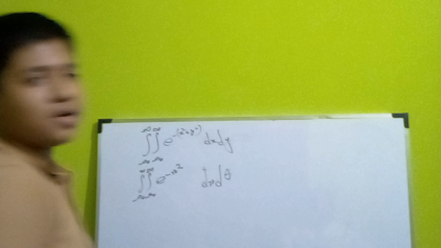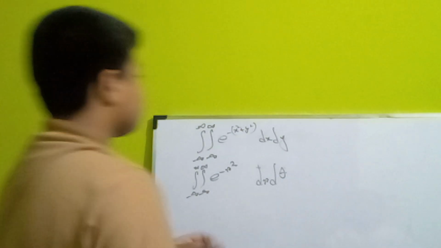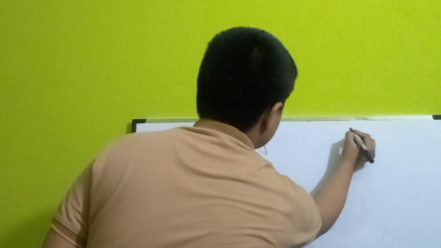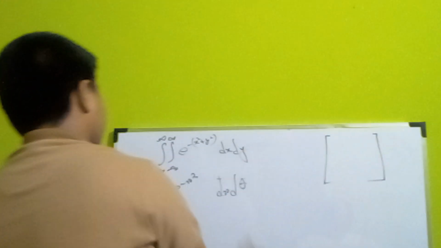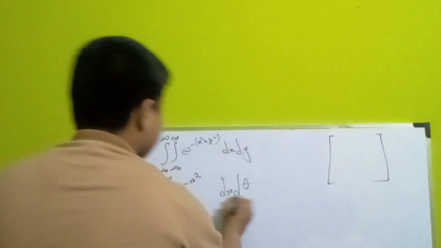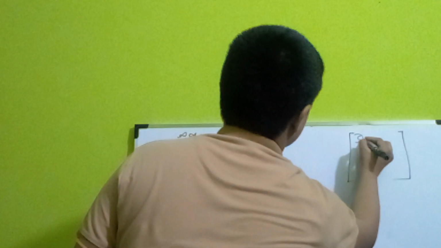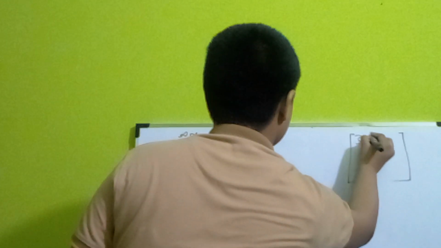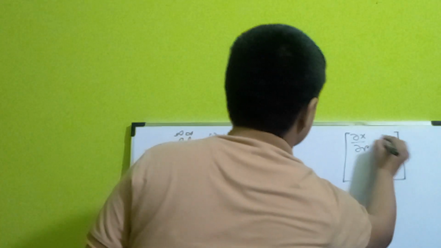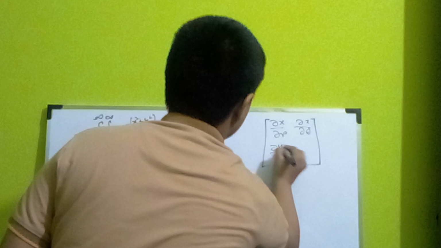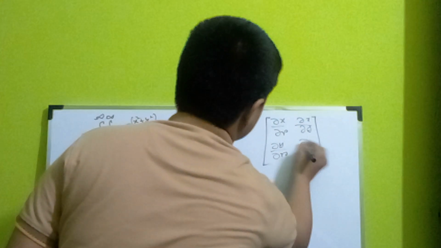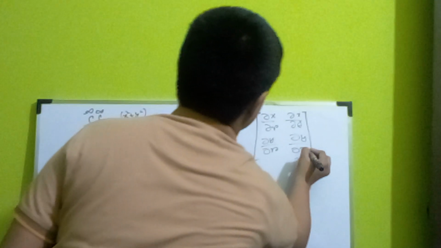Here comes the important part, which is called the Jacobian matrix in terms of x, y, and r and theta, which is denoted as del x del r, del x del theta, del y del r, del y del theta.